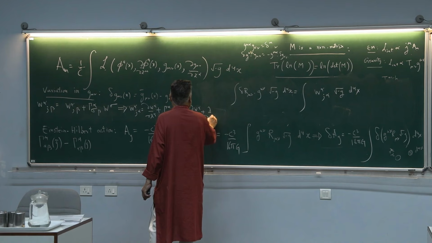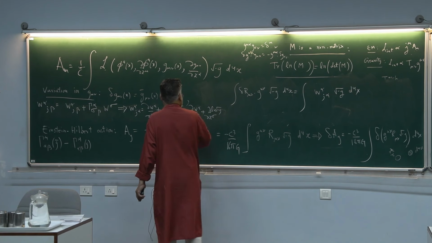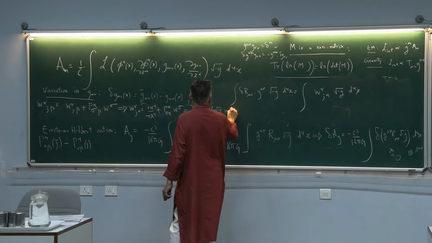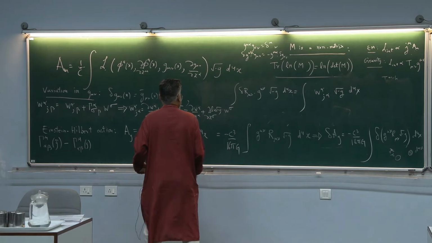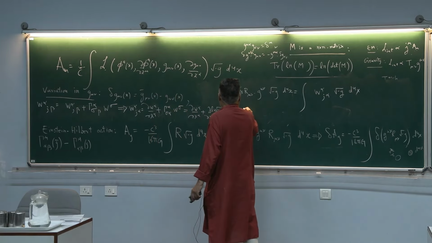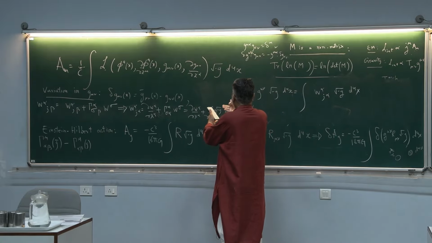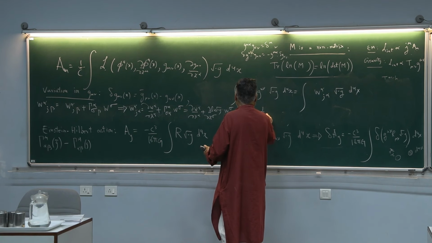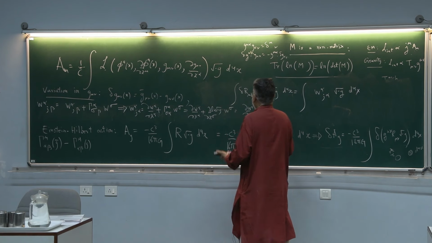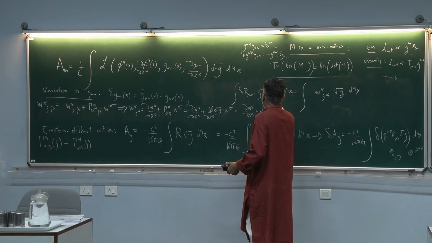Del by del X sigma of log root minus g, which is the same as 1 over root minus g, del root minus g by del X sigma, W sigma.